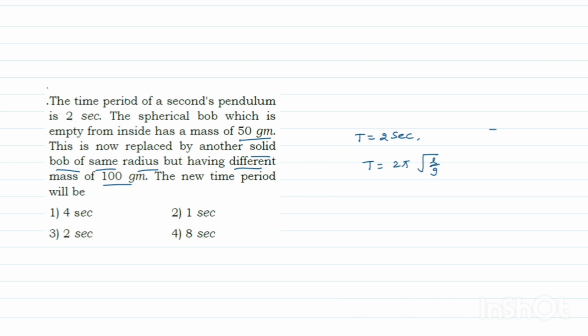Here initially you are taking a simple pendulum with a spherical bob which is empty from inside and its mass is 50 grams, and now you are replacing it with another bob of a different mass, 100 grams. Then the new time period? The time period is independent of the mass of the bob. Remember this. So here the final time period will also be 2 seconds.